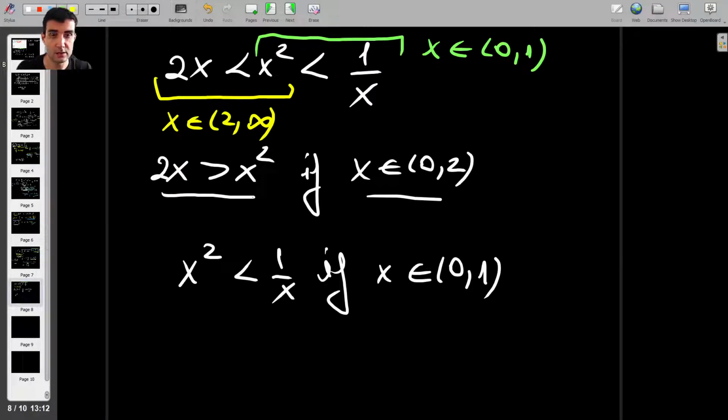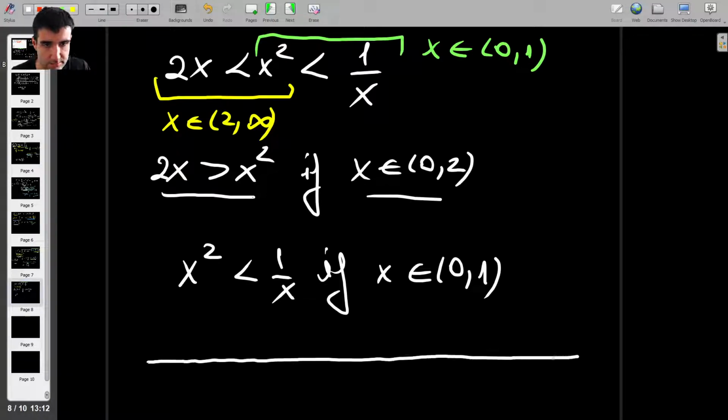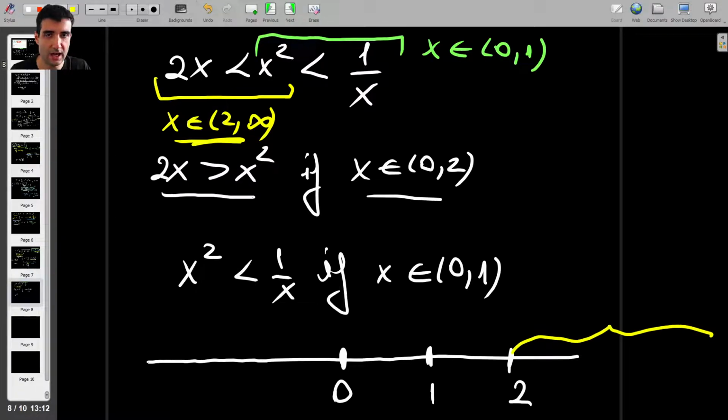So now let's look at the intersection of the two intervals, but you might already know what's going on. So we have 0, we have 1, we have 2. The first half must have x bigger than 2, so x can be anywhere underneath this region, and the second half must have x underneath this region.